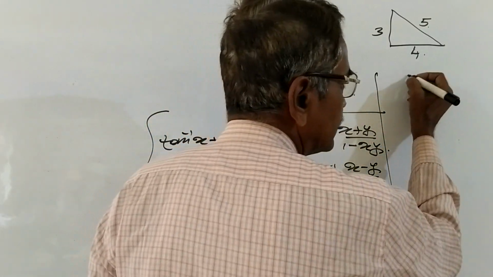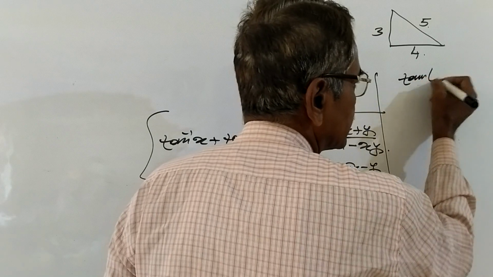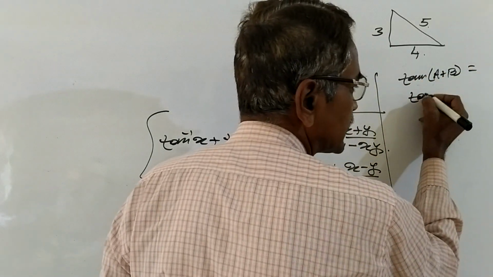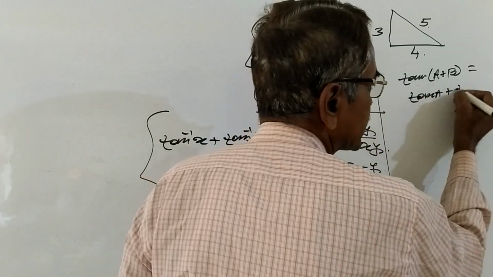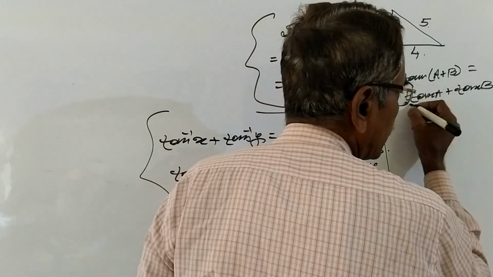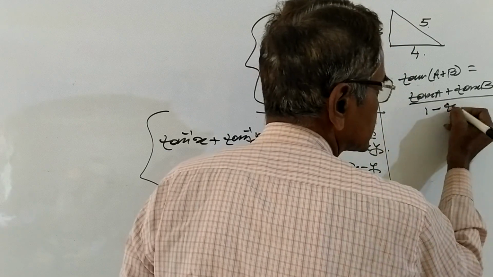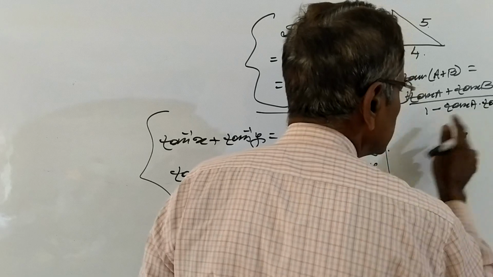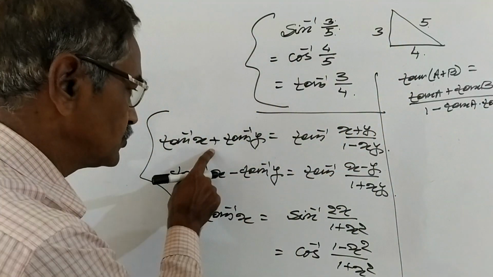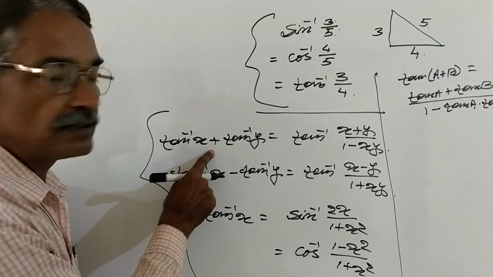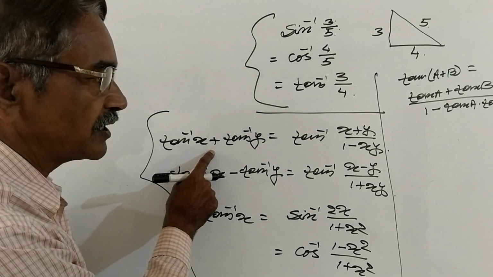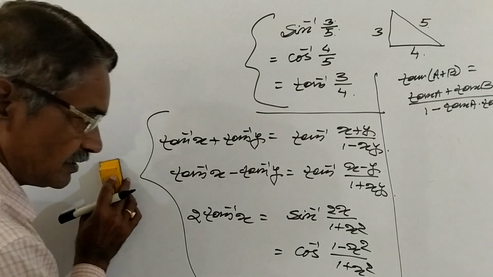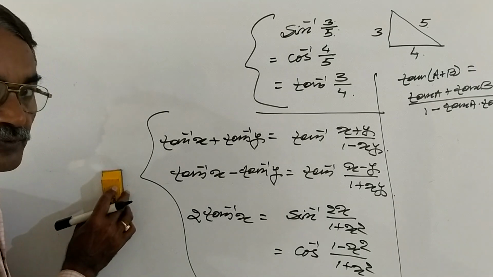For example, tan (a plus b) equals (tan a plus tan b) by (1 minus tan a into tan b). This is used to obtain this formula. We will derive one formula, this. Now, the rest I am removing.